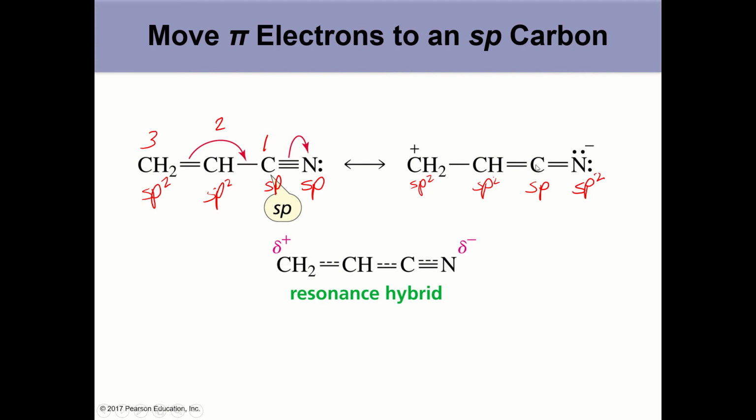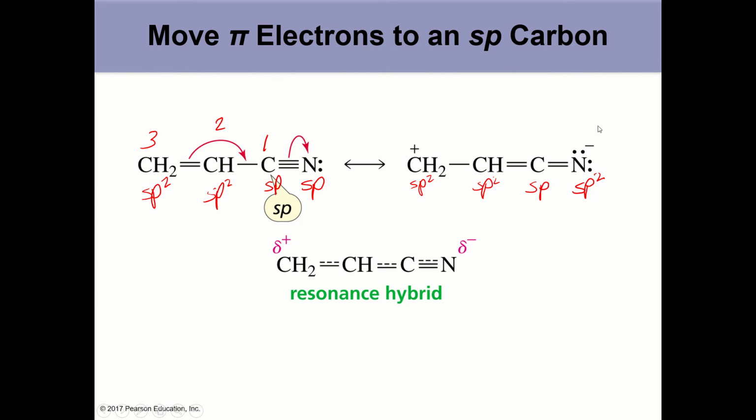Our cyano nitrile carbon, carbon 1, is sp hybridized. It still has a total of 4 bonds, and it still has a total of 2 pi bonds, but the pi bonds are distributed differently. And then between the carbon and nitrogen, the pi bond which we moved to a lone pair, none of the atoms is exceeding an octet, and we only moved pi electrons in lone pairs.